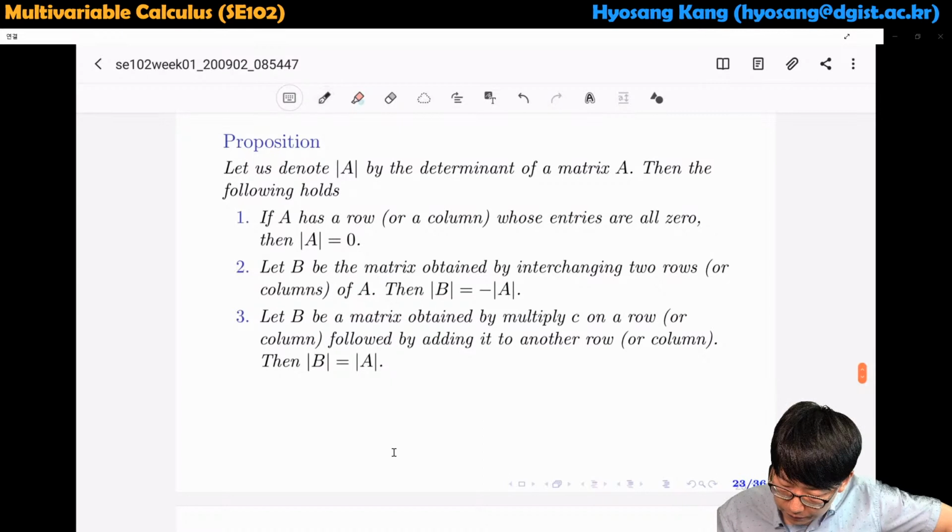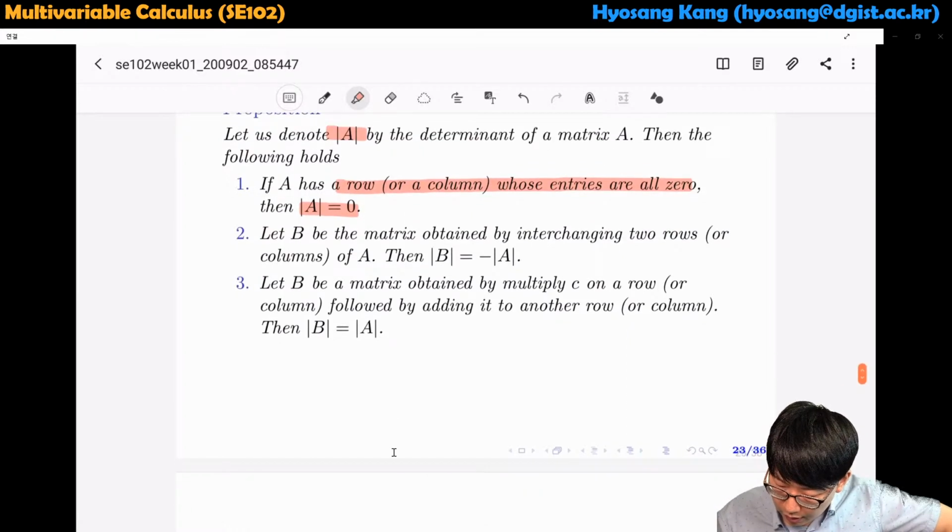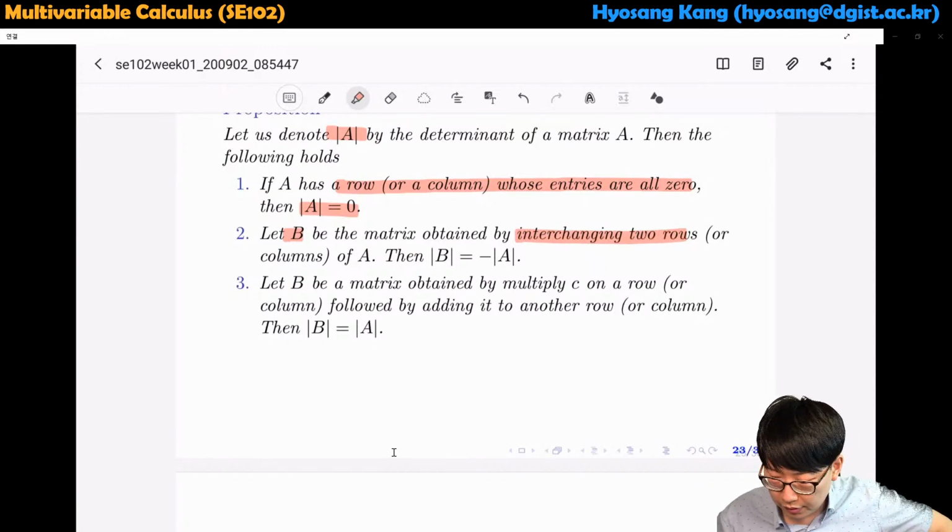If one row is all zero, then you always get a zero determinant. And if you get another matrix by switching two rows, then you get the reversed sign of the determinant. Okay.